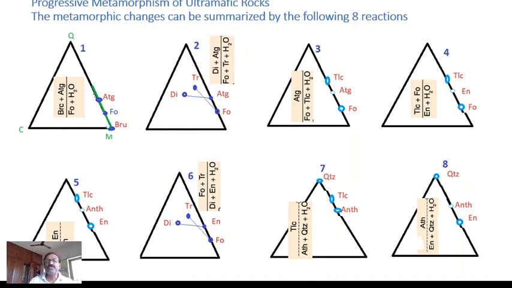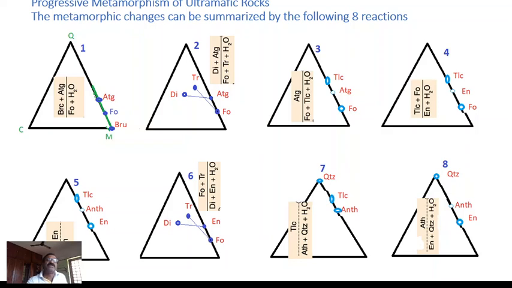Here almost all reactions are dehydration reactions, whereas in the metacarbonates most of the reactions will liberate carbon dioxide or water or both carbon dioxide and water. Here if you look at the reactions, most of the fluid released during the prograde metamorphism of ultramafic rocks is water, H2O.